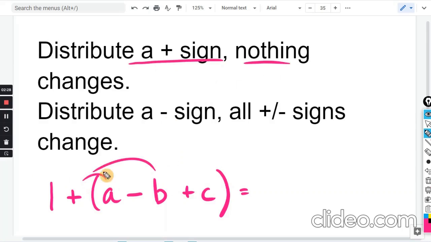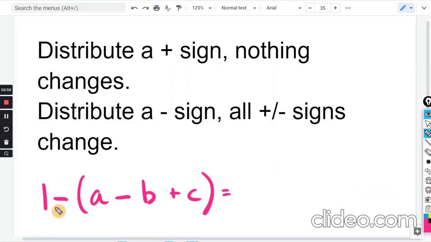Just distributing this positive sign really doesn't do anything. You still have 1 plus a and then plus negative b plus positive c. So the a is still positive, the b is still negative, and the c is still positive. None of the plus minus signs change.